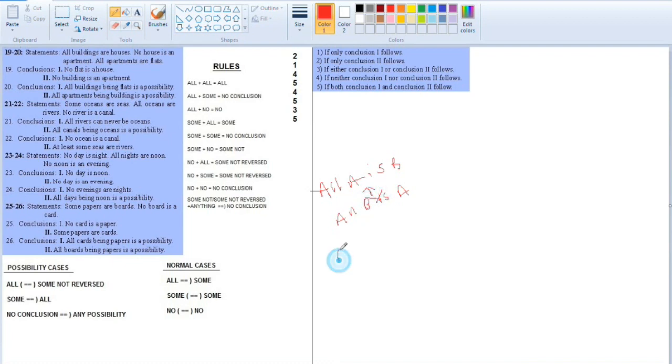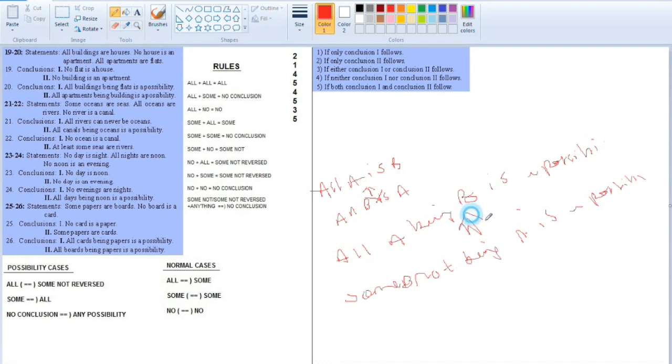And suppose if we write it as all A being B is a possibility, then some B not being A is a possibility.